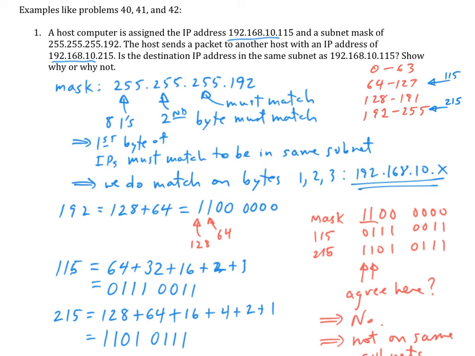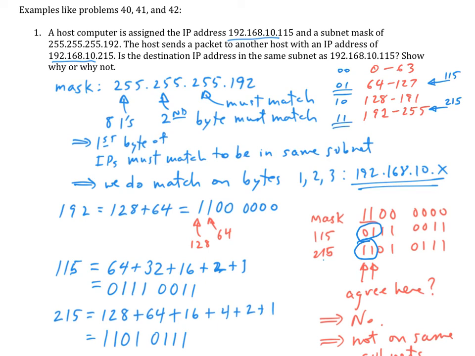The other thing you can notice is that if we number these subnets 1 to 4 in binary, 0 0, 0 1, 1 0, and 1 1, the bits in those first 2 positions are labeling the subnet. The 115 is in the 0 1, and the 215 is in the 1 1.